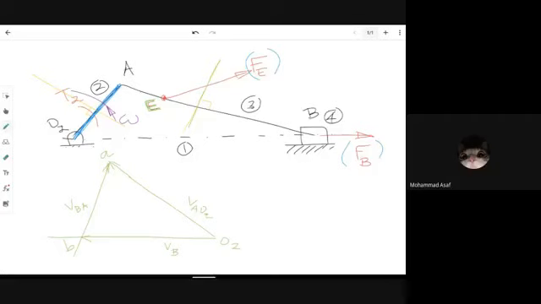That means how the point capital E divides the length of the link AB, in the same way the small letter e should divide the velocity vector small ab in the same ratio. So this will be equal to AB divided by AE.